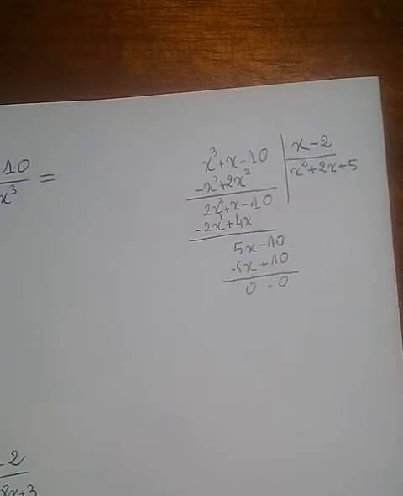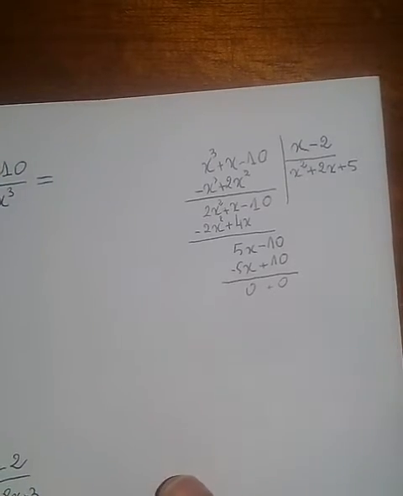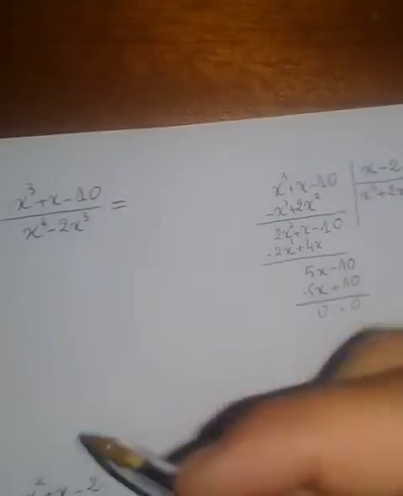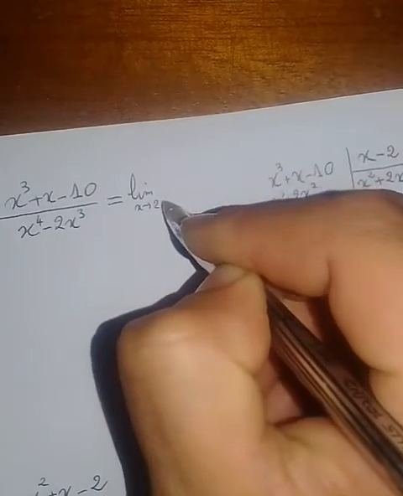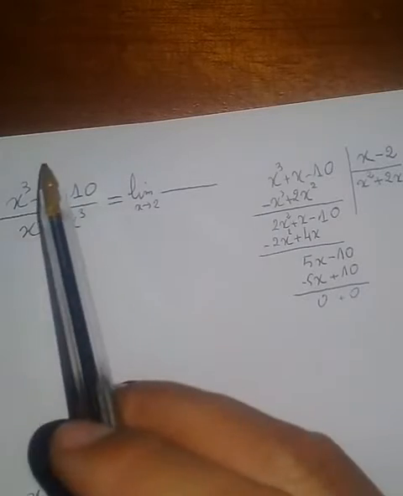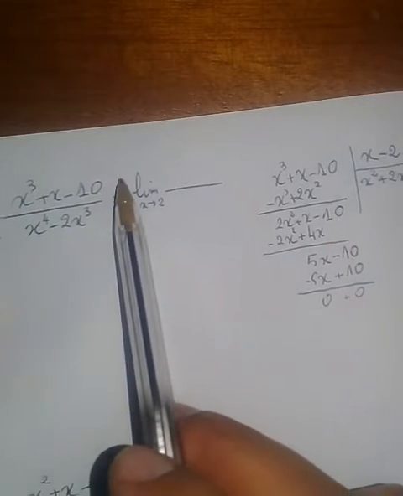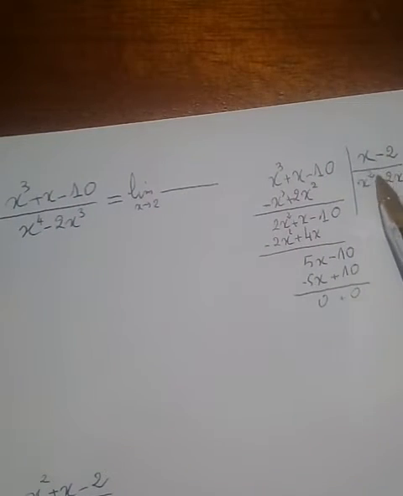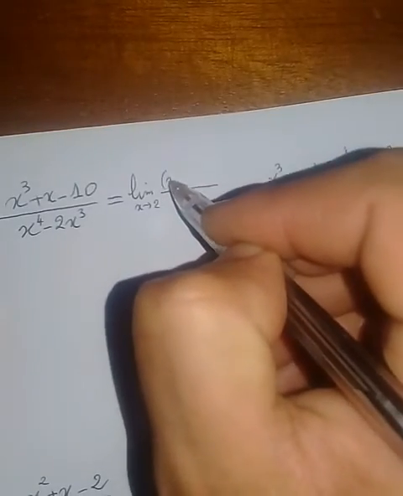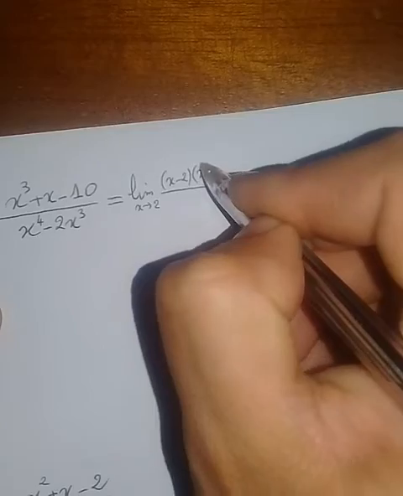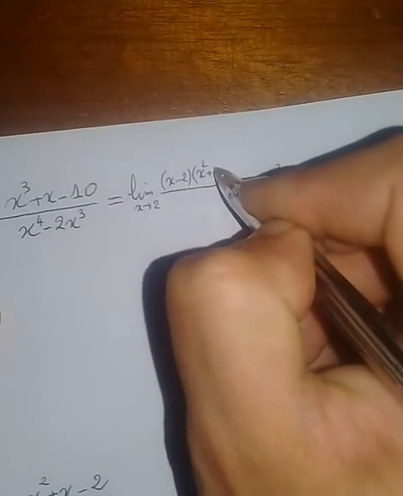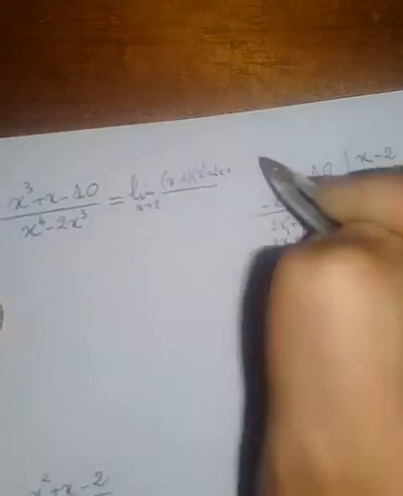So it's clear that the polynomial at the top, under the limit as x approaches 2, is equal to x minus 2 multiplied by this polynomial: x minus 2 times x squared plus 2x plus 5.